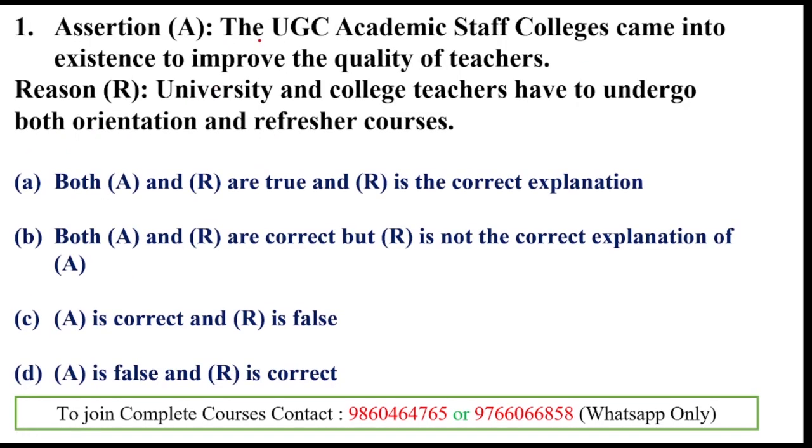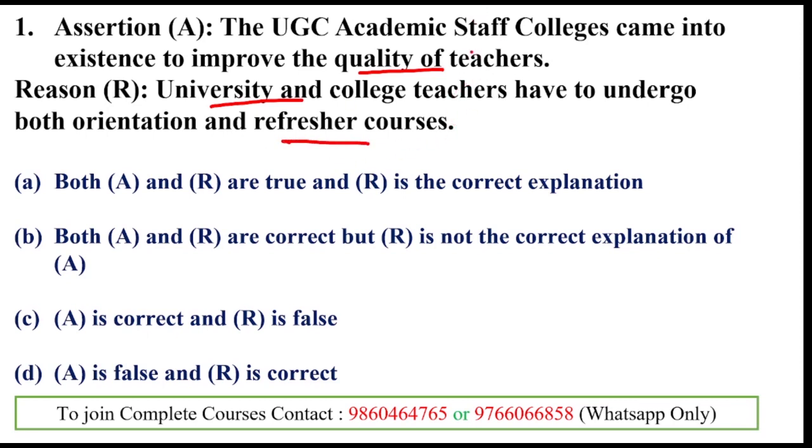Okay. The UGC academic staff colleges came into existence to improve the quality of teachers. And the reason is that university and college teachers have to undergo both orientation and refresher courses.